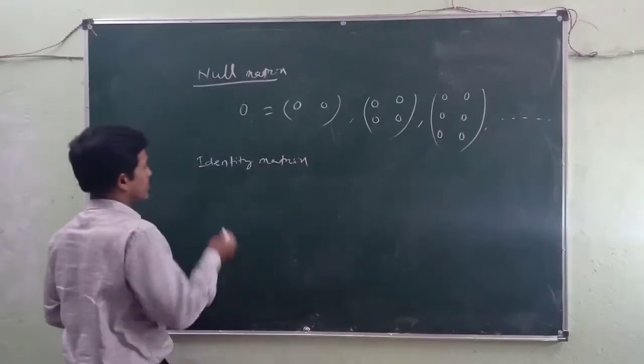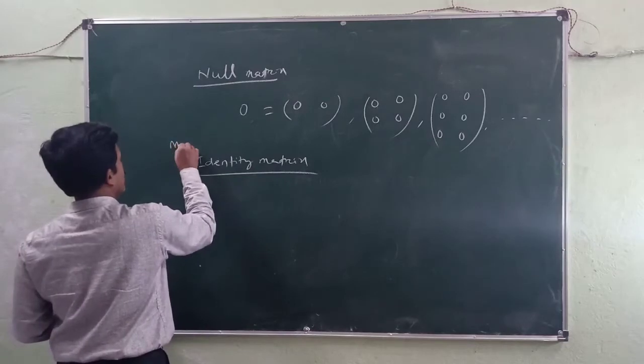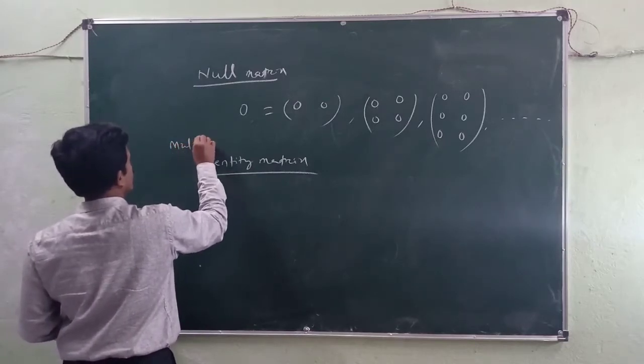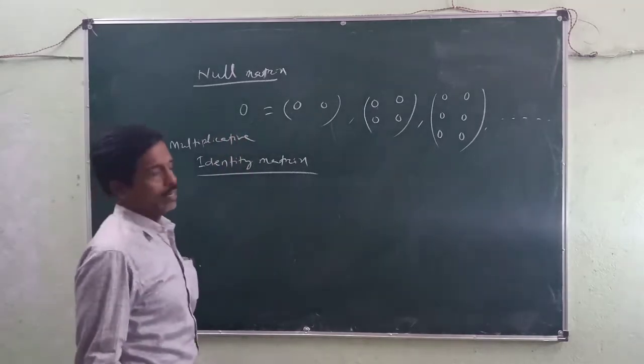Then the identity matrix. It is called the multiplicative identity matrix.